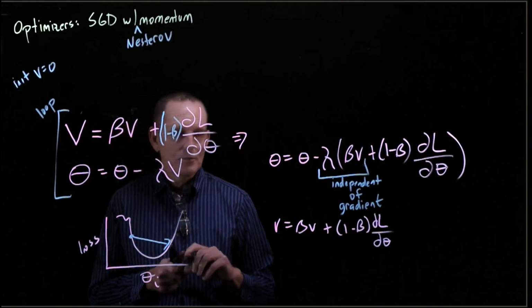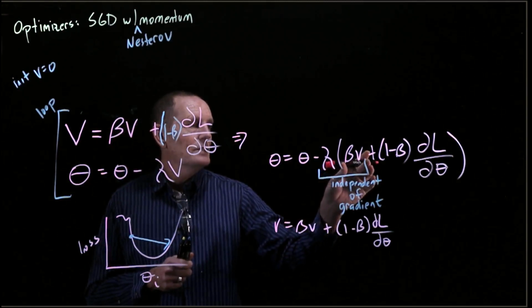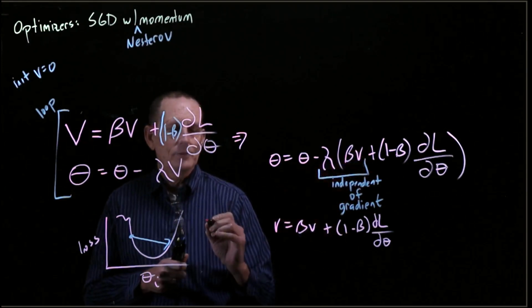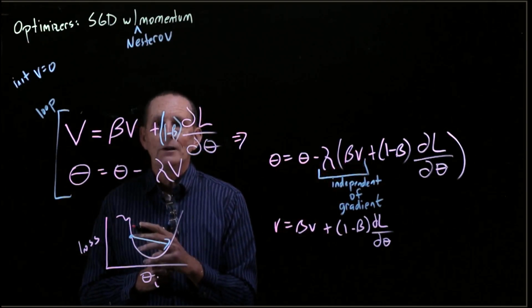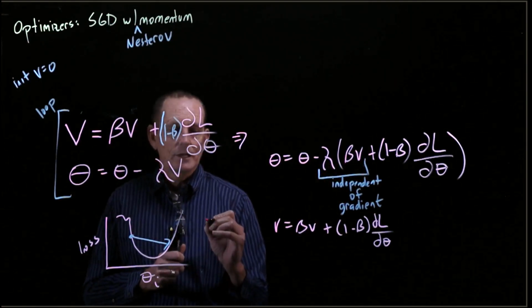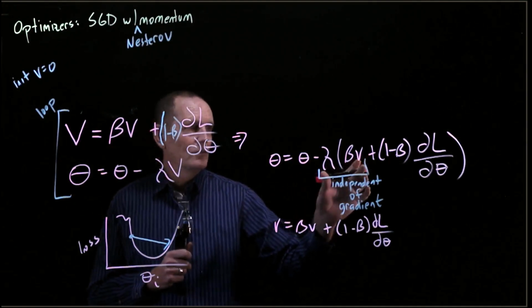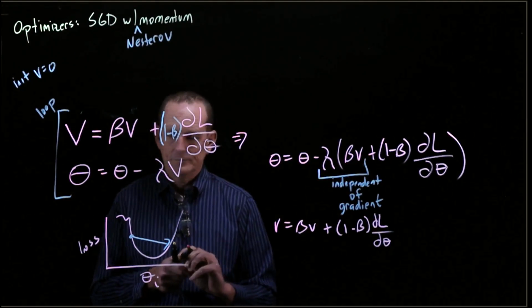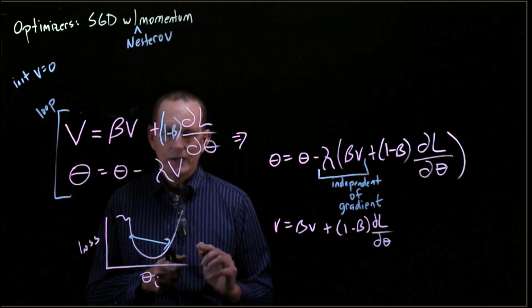There are two components to this, right? There's a first component, which is this lambda beta v component, right? This lambda beta v component is from our velocity. So we can look at our old velocity. Let's say this is composed of two vectors.